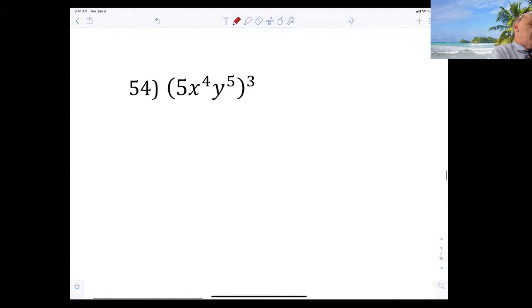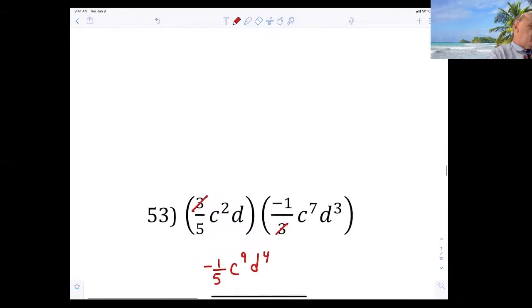All right, somebody tell me what 5 cubed is. 125. 5 to the 3rd power is 125. Now, power to power again, what do we do? X to the, Y to the. All right, thank you. Issues?